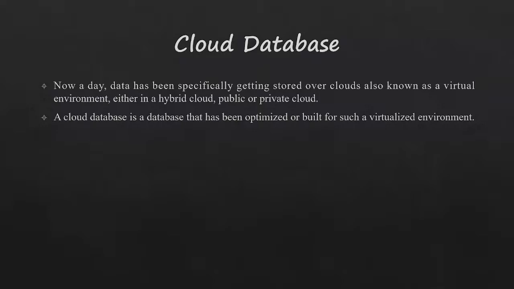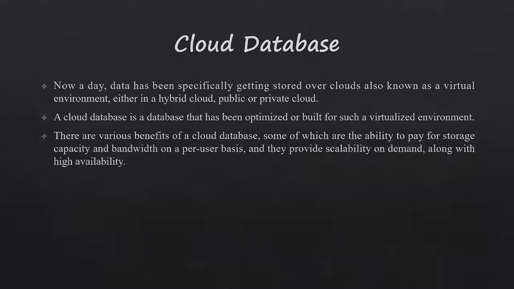There are various benefits of cloud database, such as the ability to pay for storage capacity and bandwidth on a per user basis, as we talked about the pay as you go system earlier. And they provide scalability on demand along with high availability.